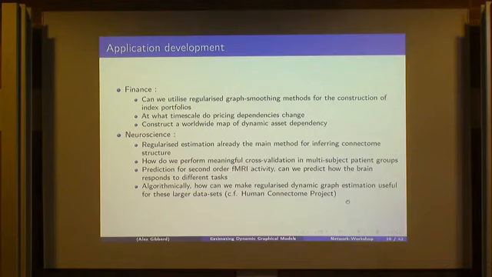And in neuroscience, people have already started inferring connectome structure, which is a very hot area, where people are trying to find graph structures or brain structure changing over time for multiple individuals, or over multiple time points, and then prediction for second order, like with fMRI activity, can we predict how the brain responds to different tasks? That is also very crucial to understand when you place a group of individuals under different physiological tasks.